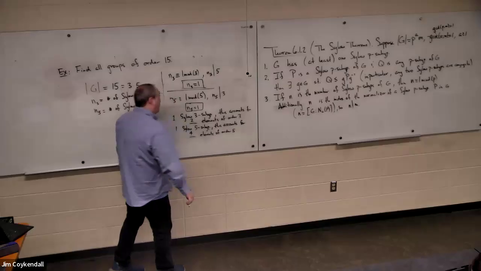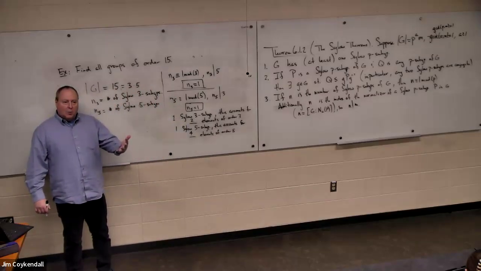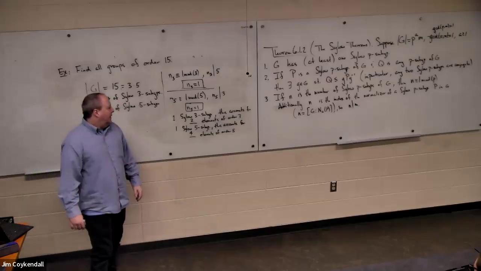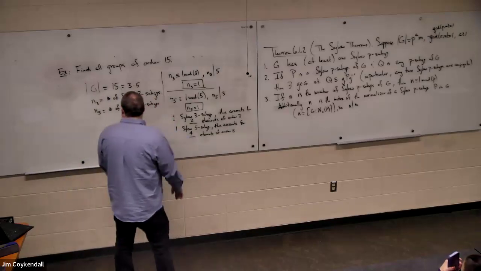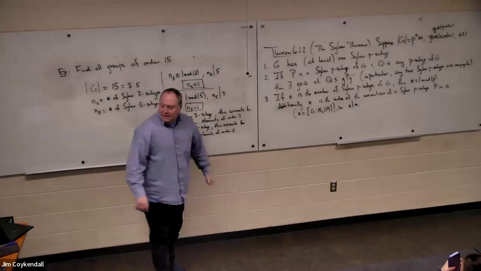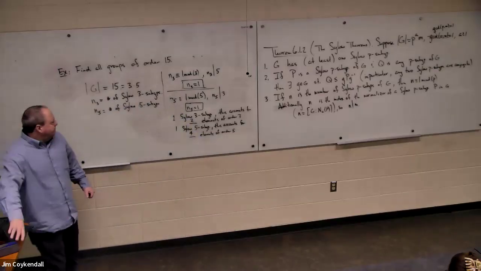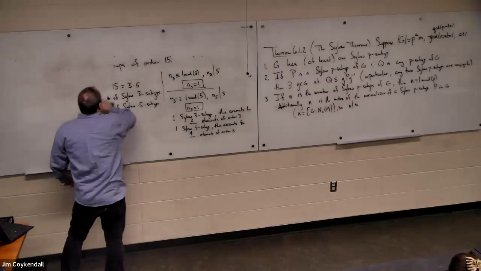Right, one less. In the group of order 5, everything has to either have order 5 or 1. Only one thing has order 1, the other 4 have order 5. Okay, so let's take inventory here. What do we have here?